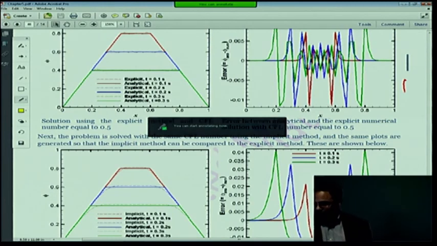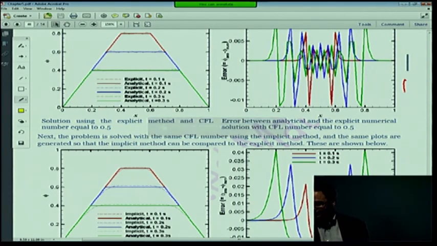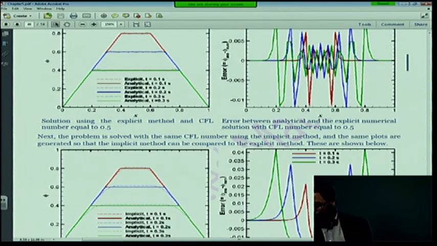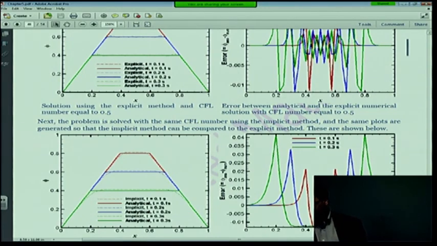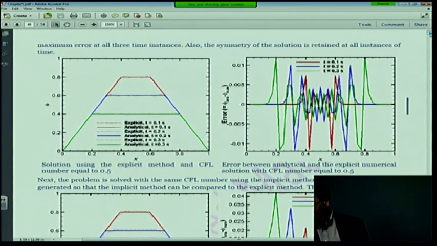But if you look at the magnitudes, let's say the maximum negative magnitude is 0.01. Whereas here, it's also about 0.01, but on the top here, this is about 0.01 on the positive side. This is 0.04, much larger.